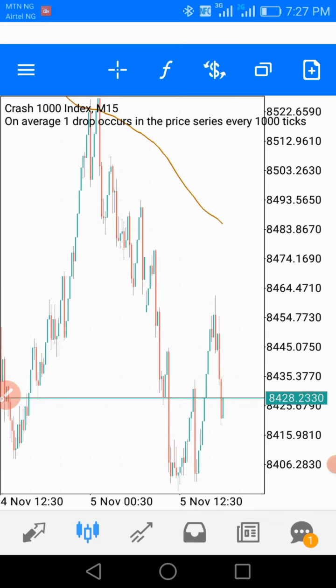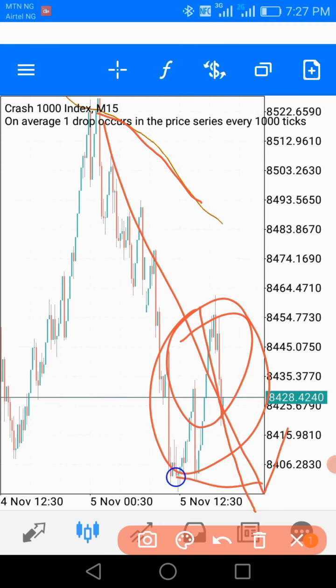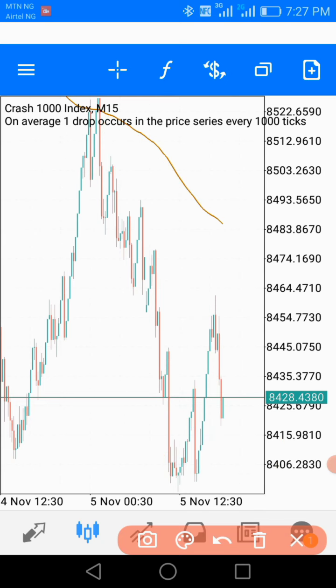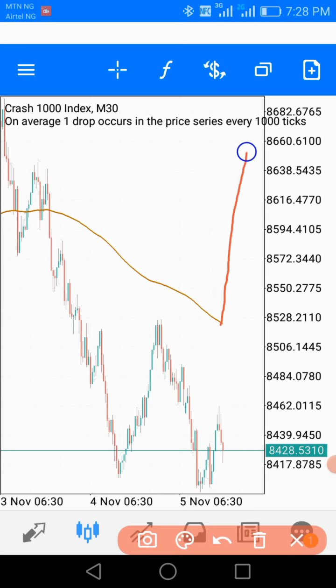It is generally believed that whenever price is below this, the market tends to be very bearish, having a very strong impulsive bearish move, and whenever it is above it, the market makes a very strong bullish impulsive move.